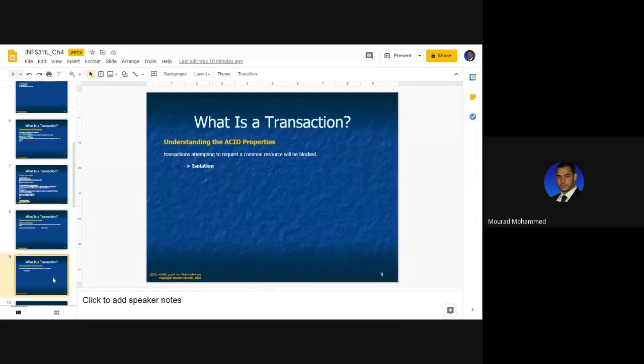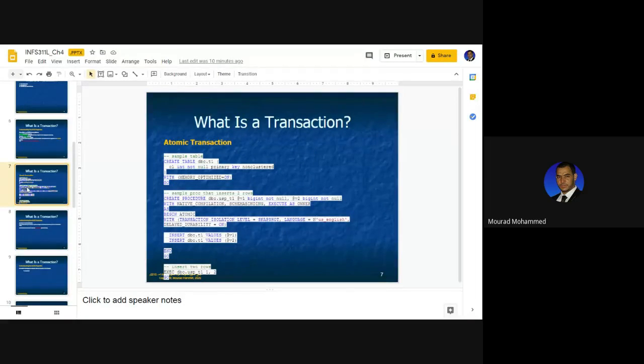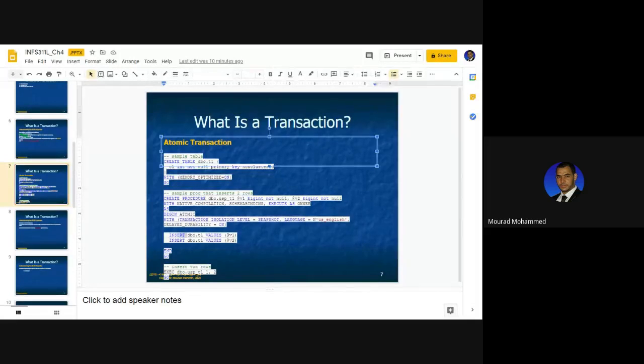The third one, the isolation. I come back to the same example, where we see the atomic scenario. Those two insert statements here, we cannot execute the first one.